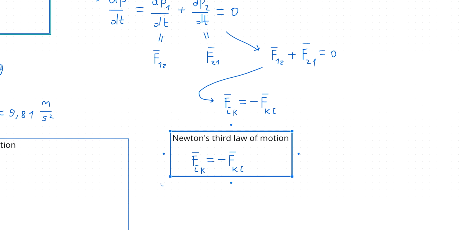Of course, it can be described verbally. In words, it will be this definition: to every action there is always opposed an equal reaction, or the mutual actions of two bodies upon each other are always equal and directed to contrary parts.